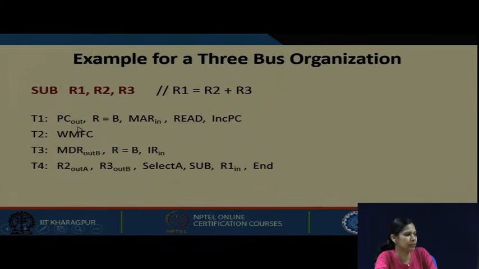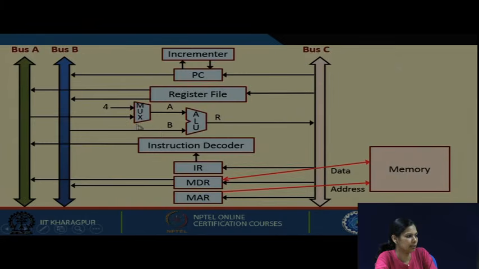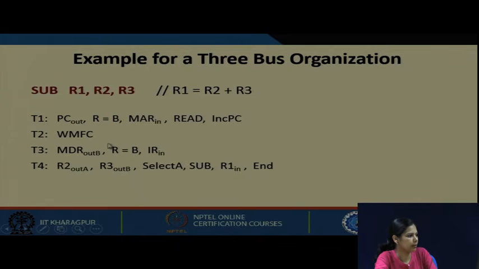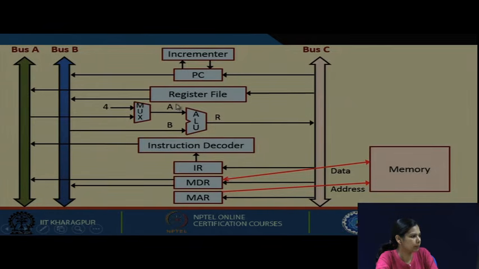So first we do PC out, R equals B. R is a signal we are making, R will be equal to B. We do MAR in. So when we do PC out, it is available through the B bus.